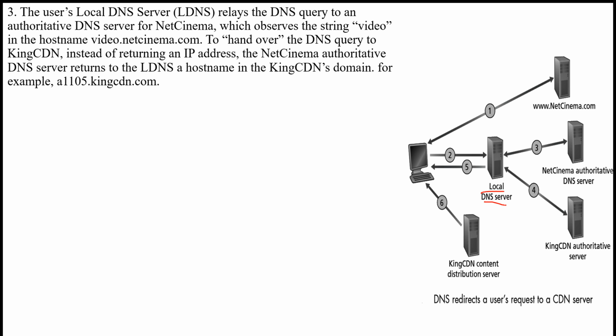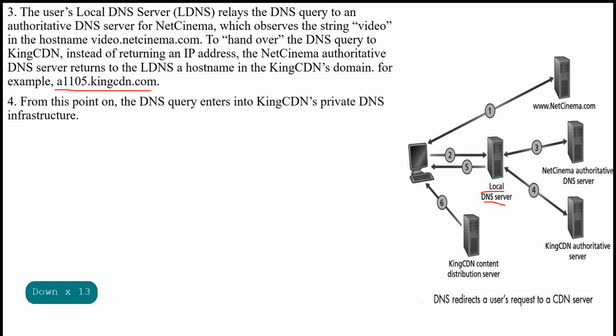To hand over the DNS query to KingCDN, instead of returning an IP address, the NetCinema authoritative DNS server returns to the local DNS a host name in the KingCDN's domain. For example, a1105.kingcdn.com.